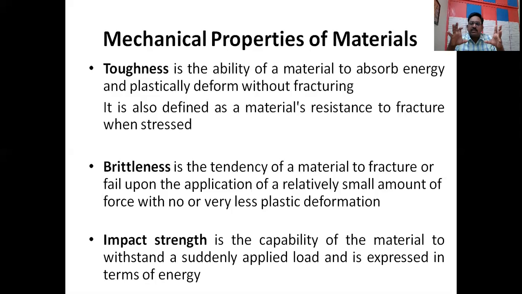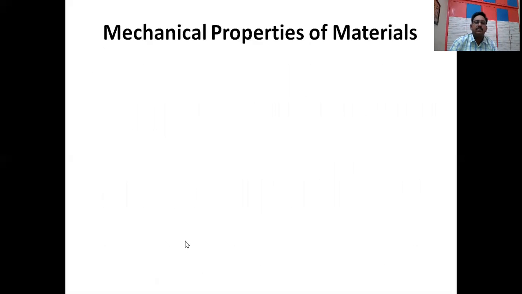If that chassis has a good impact strength, then it will bear that load. If it does not, then it will fail, and fracture occurs. So this is impact strength.